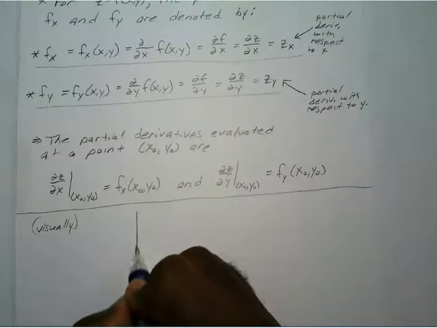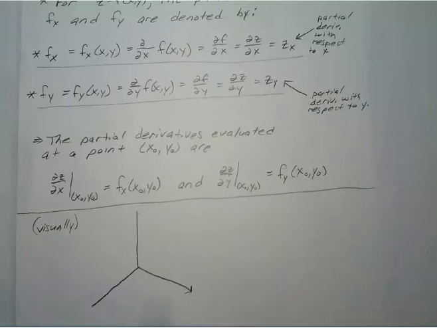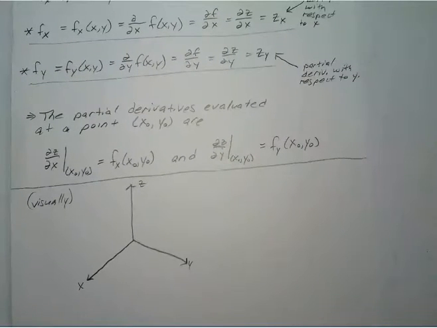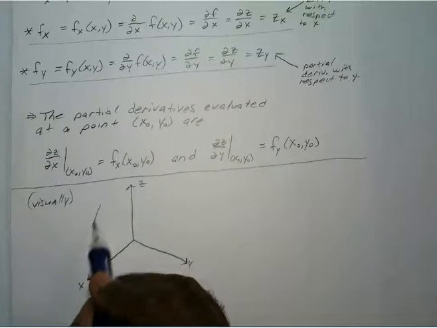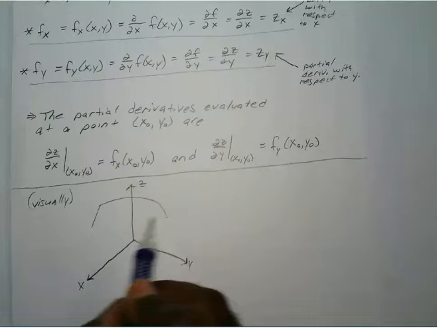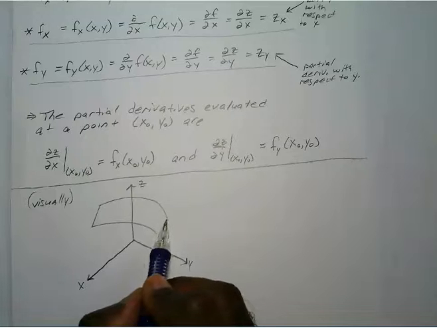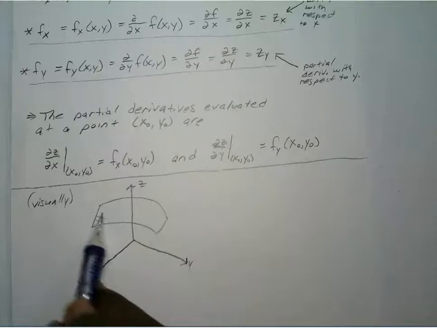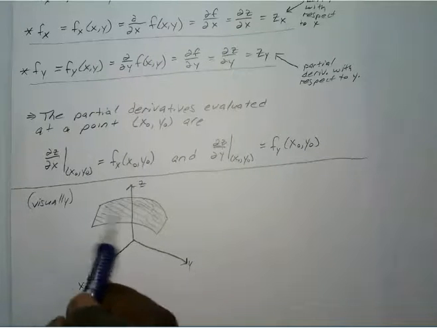We draw our three-dimensional graph where we have our x, our y, and our z. Okay, so let's say we have an object here in 3 dimensions. Okay, so let's say this object is just floating in the air.